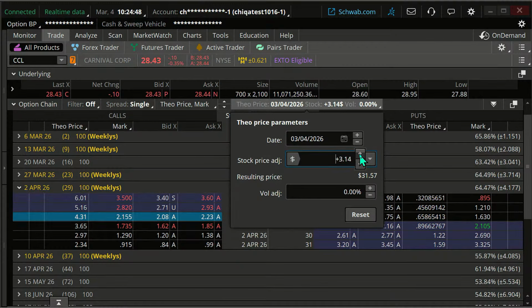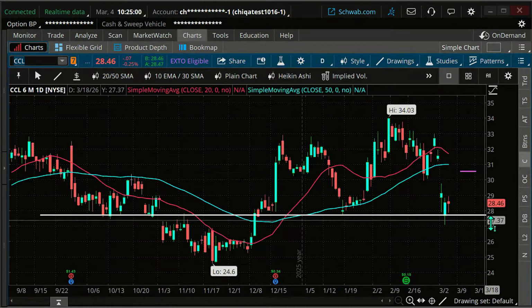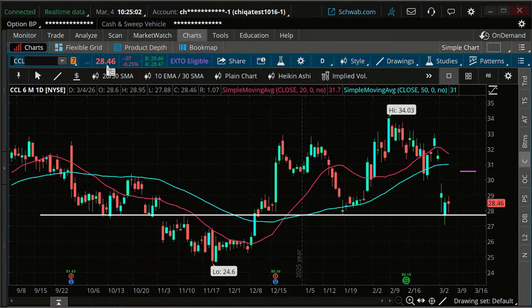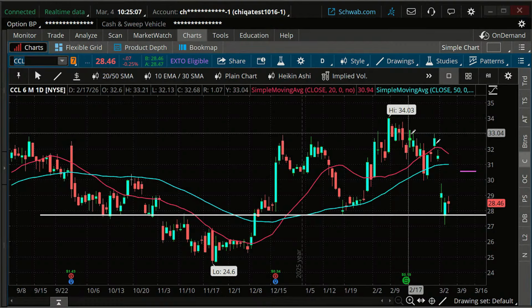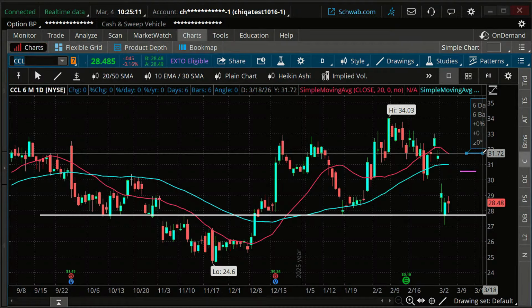How do I get this to 4.40? They're close enough. 4.40. Okay. About a $3.27 move in that price from where we're currently at. So that's about 317.75. That's about here. So that's a more ambitious target.